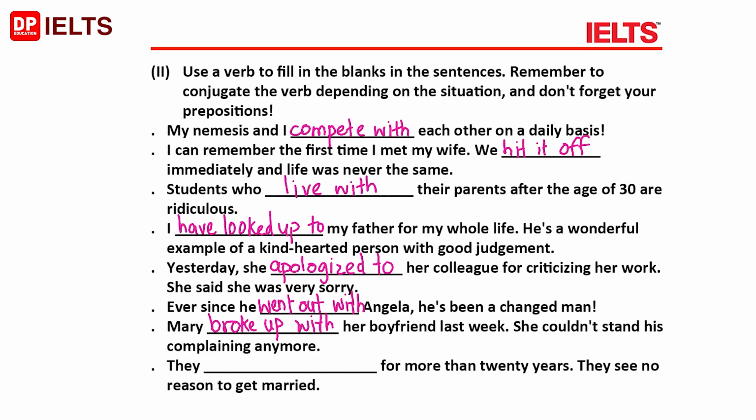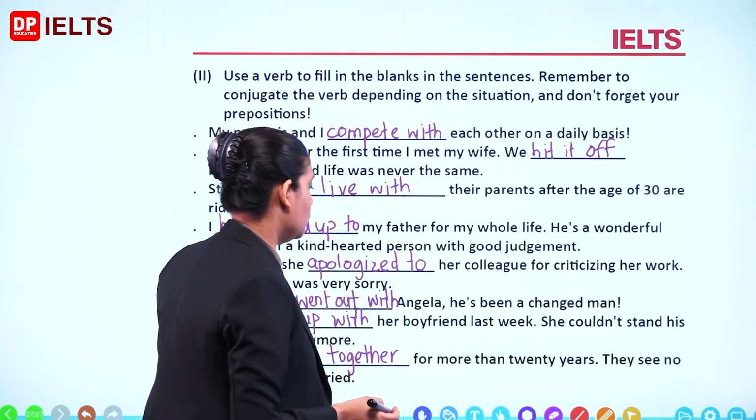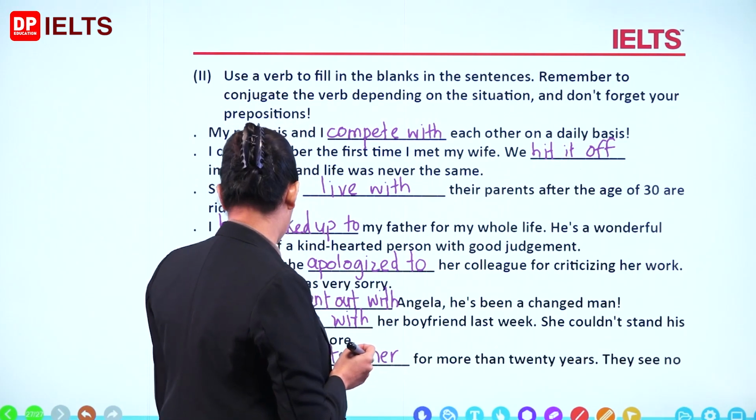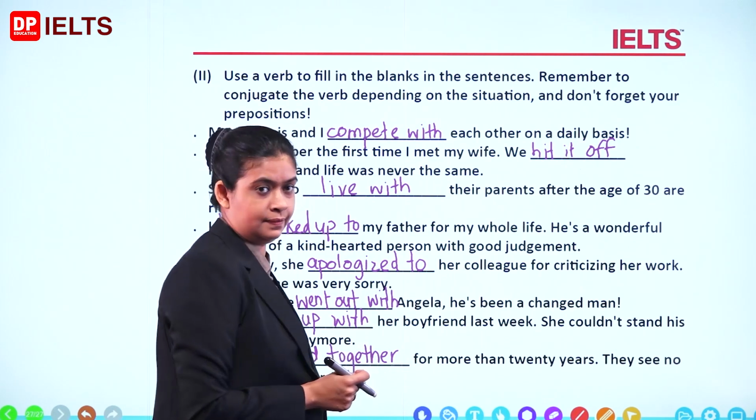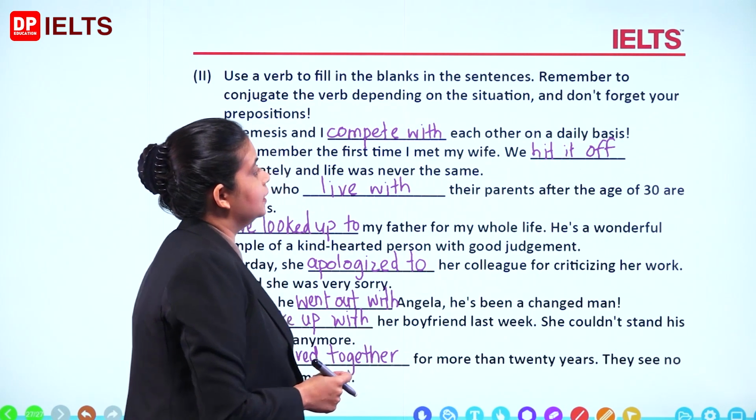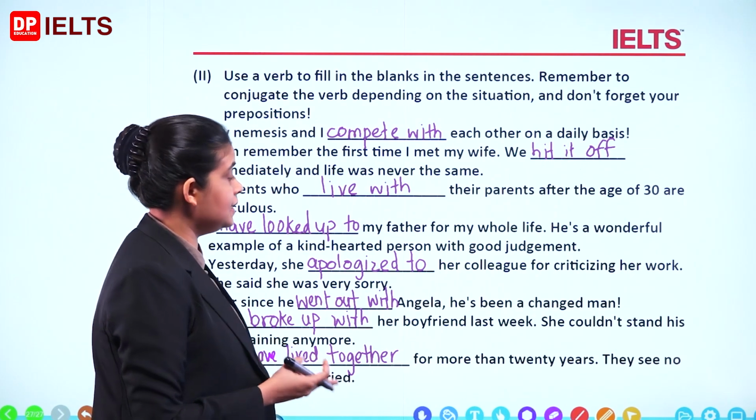They have lived together for more than 20 years. They see no reason to get married, right? So I think fairly easy.